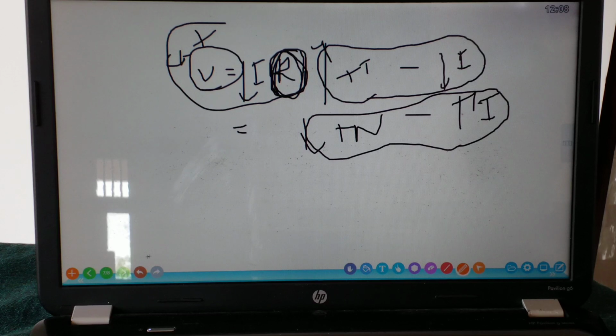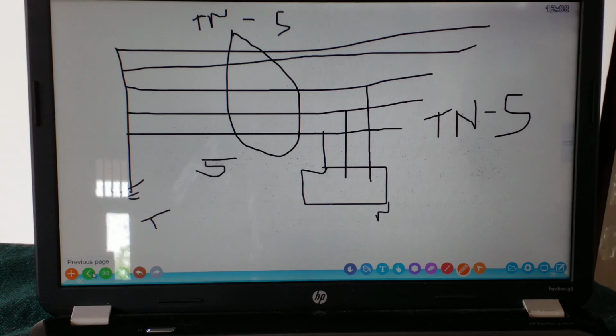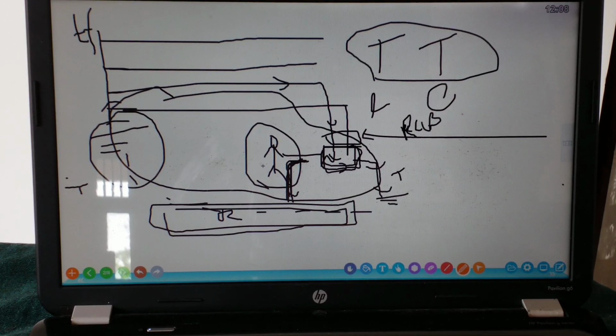In TT, if the phase voltage is 230, and we touch the metallic part, if the voltage rises up to 230, maybe the body may be harmed.